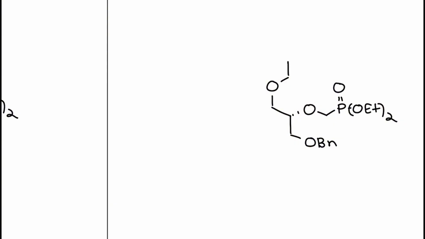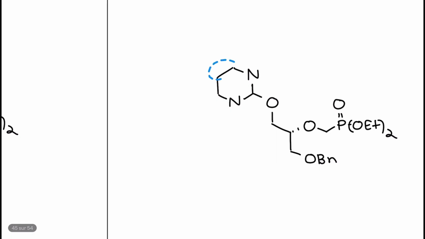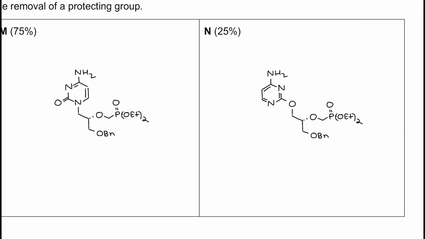It's going to be so hard to draw. Okay, let me draw it the other way around. Nitrogens right here, and the ring right here. This will be the NH2. There you go. Great, that's N.